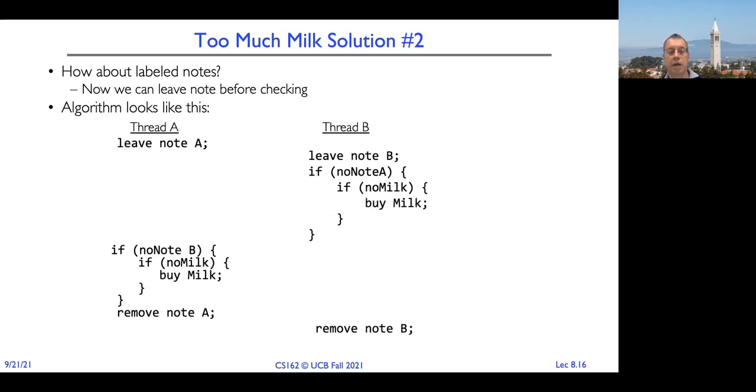And at the same time, thread A is looking whether there is a note B, and there is a note B, so this is also false. So it's not going to execute what is under the if condition. And at the end, both of them remove their own notes, but no one bought the milk. Okay. Make sense? Any questions here?